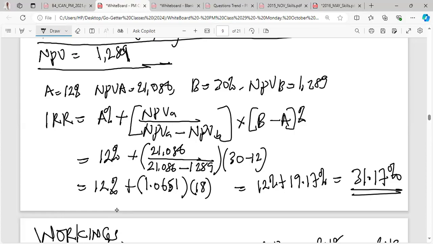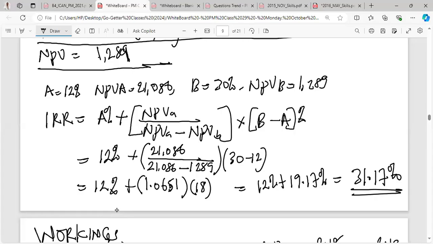So it means that for any project whose cost is higher than 31.17, you should not accept it.